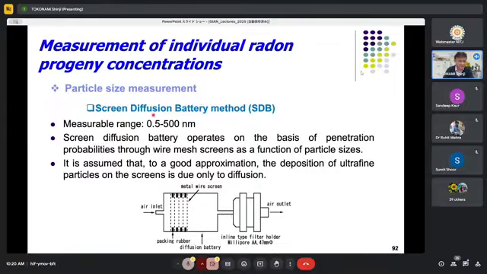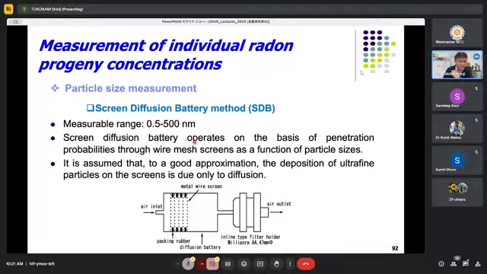The other technique, screen diffusion battery method. This is suitable for attached progeny. Measurable range 0.5 to 500 nanometers. It is not suitable for coarse mode particles, more than 1 micron.